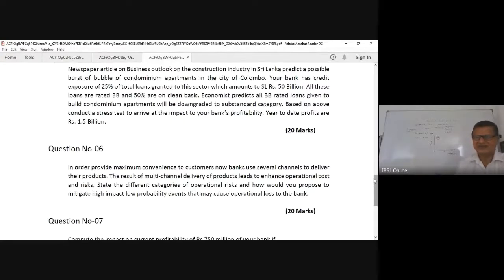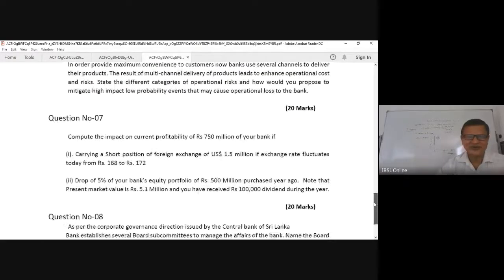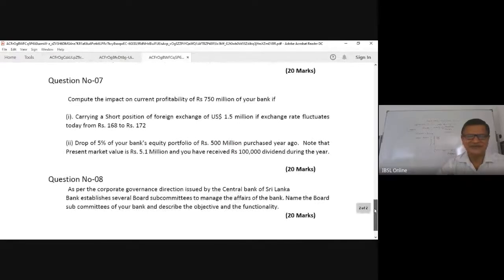But my understanding is that you need to cover the entire course, and therefore you need to know all the risk management sessions you have carried out, and as a result you should be able to understand the whole thing. So when we come back, we will do this computation once again.